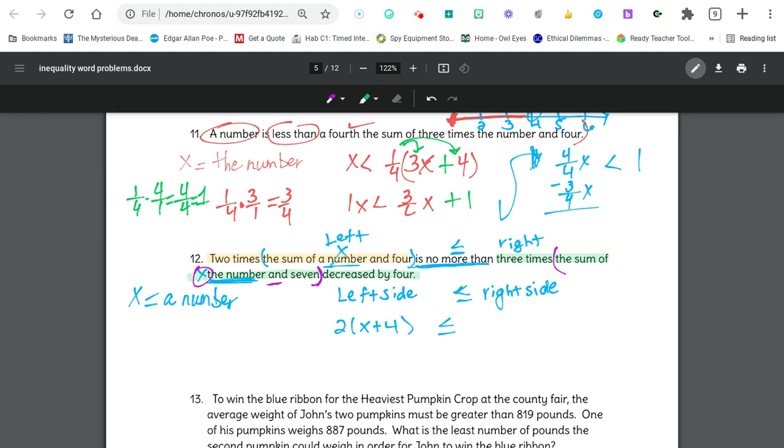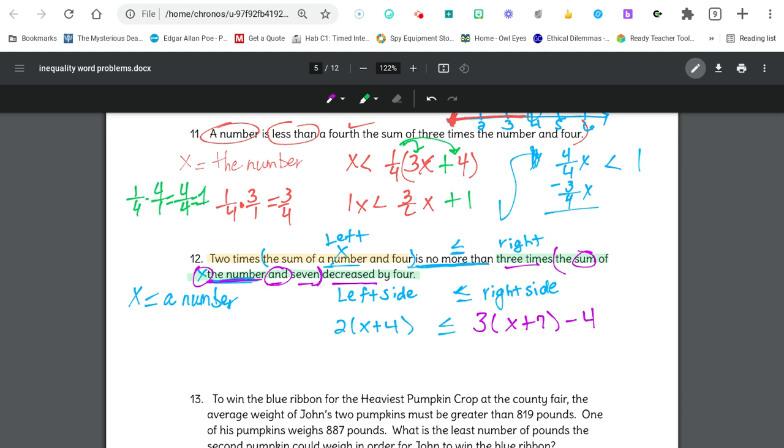So the sum of x and 7, all decreased by 4. So I have 3 times what? The sum of what two things? x and 7. And then decrease it by 4.